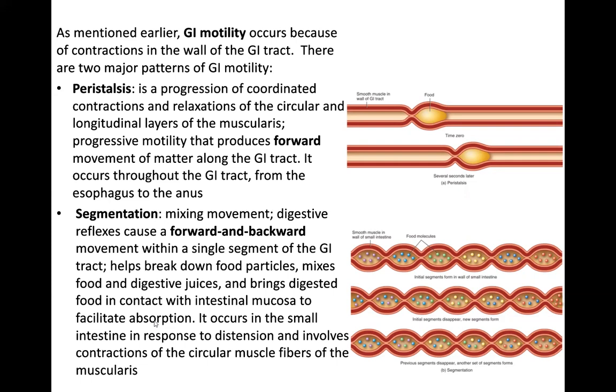And this takes place in the small intestine in response to distension, and involves contraction of the circular muscle fibers of the muscularis. If you look hard enough, you can see this segment is contracted, and then next thing you know, it's relaxed, and then it's contracted again. So they just alternate contraction and relaxation, and in doing so, you can see, everything's color-coded individually here, but by the end, the greens, the purples, the blues are all mixed in. And that's what segmentation is.